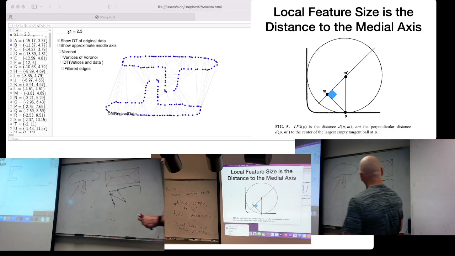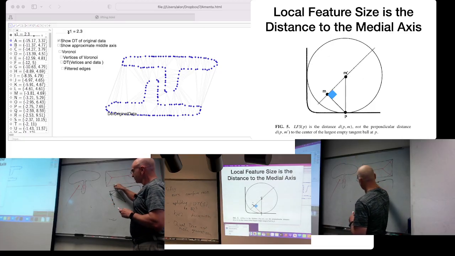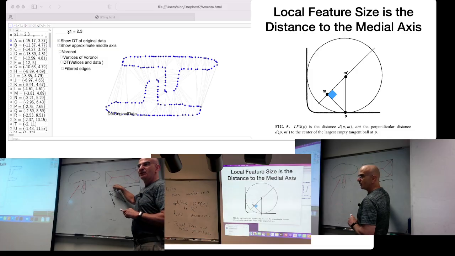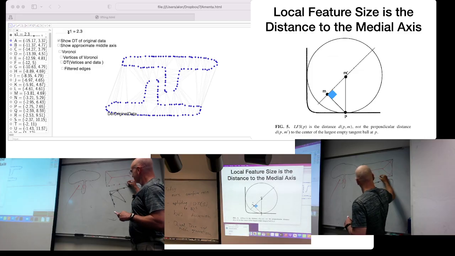Local feature size is what? From every point of the original shape, which, mind you, I don't know what is the original shape, but had I known what is the original shape, then here is a condition that will guarantee that I can reconstruct it, even though I just have a sample point.